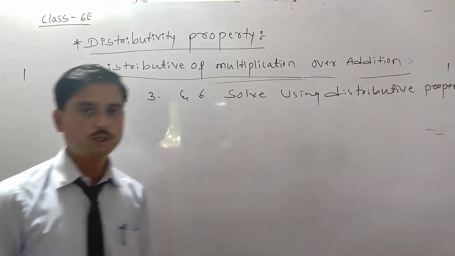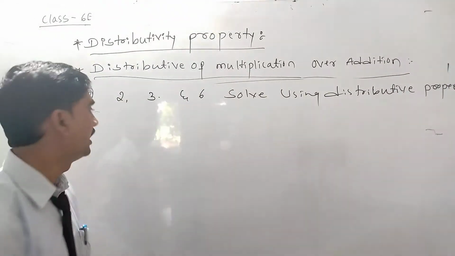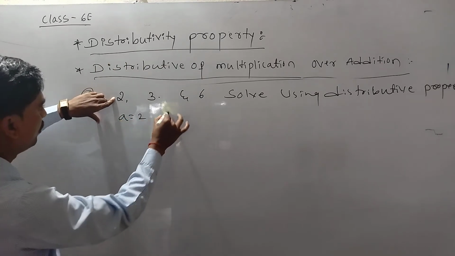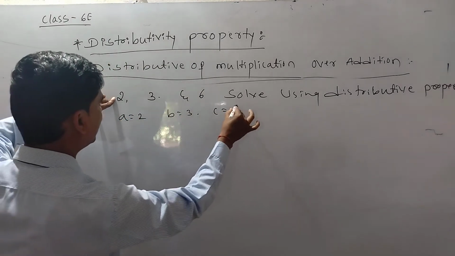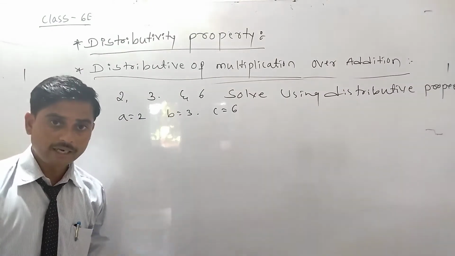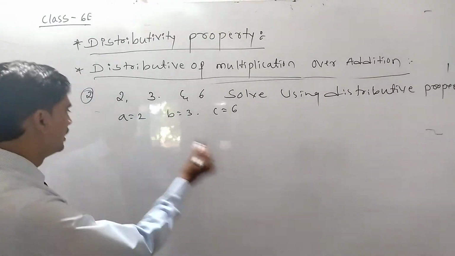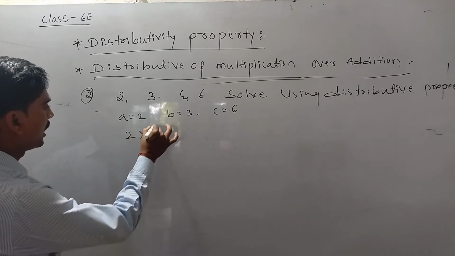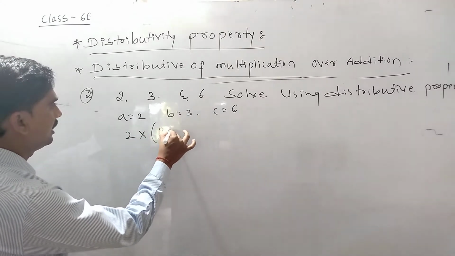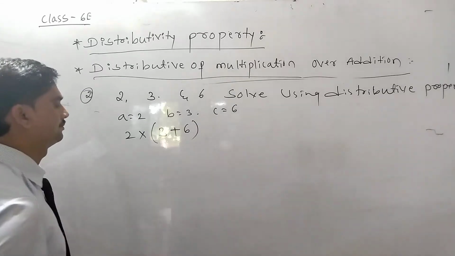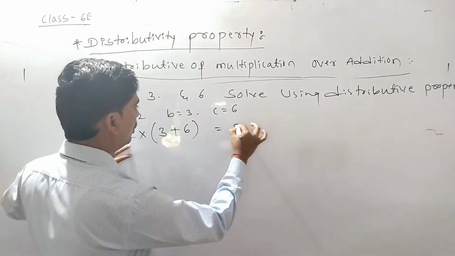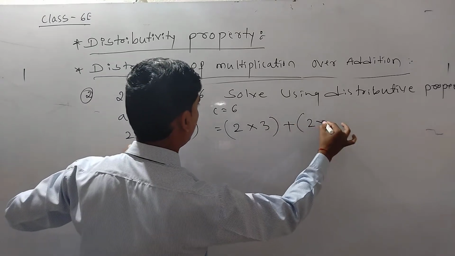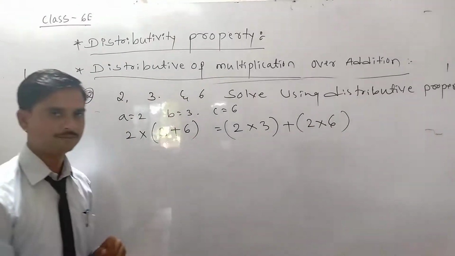Dear students, A is equal to 2, B is equal to 3, C is equal to 6. Then you have to write that in the formula: 2 into bracket 3 plus 6 is equal to 2 into 3 bracket complete plus 2 into 6 bracket complete.